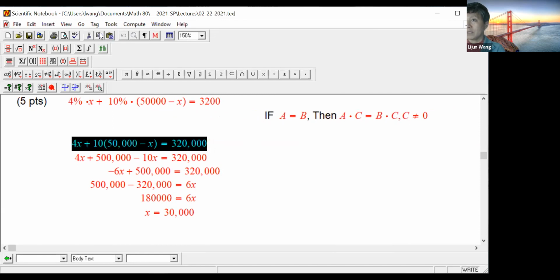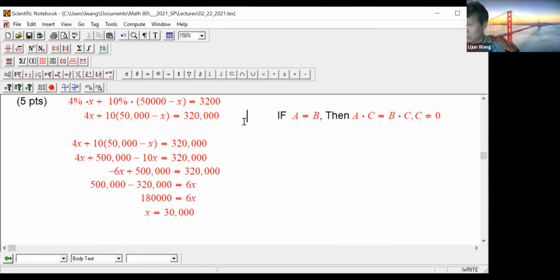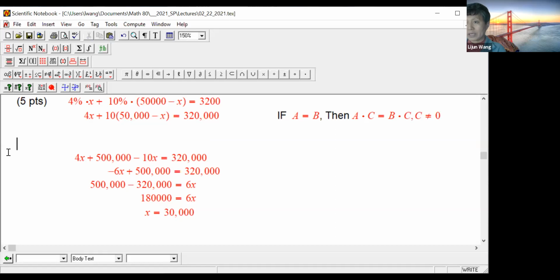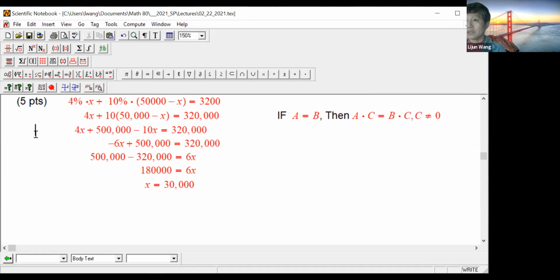So I'll put this piece right next to it. You don't need to show me this, but you should be aware of it. And so this step, we already have it. For some of these, you don't have to show all of it.